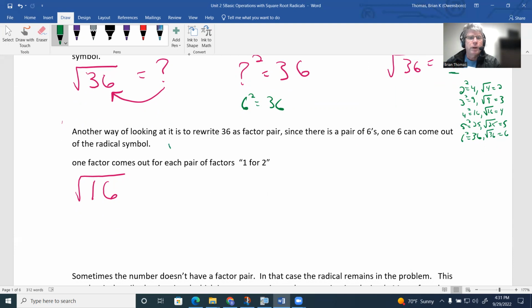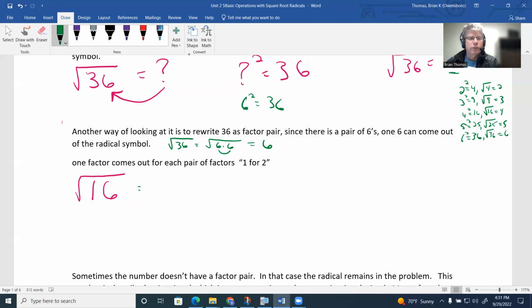If I look at the square root of 36, I can write this as a factor pair, 6 times 6. With radicals, for every pair of 6s that are inside there, one is going to come out. So one 6 would come out. What we pick up on is one factor comes out for each pair of factors that we have. So it's kind of a 1 for 2 concept.